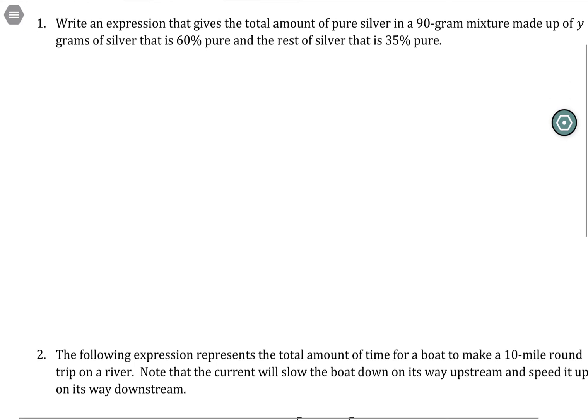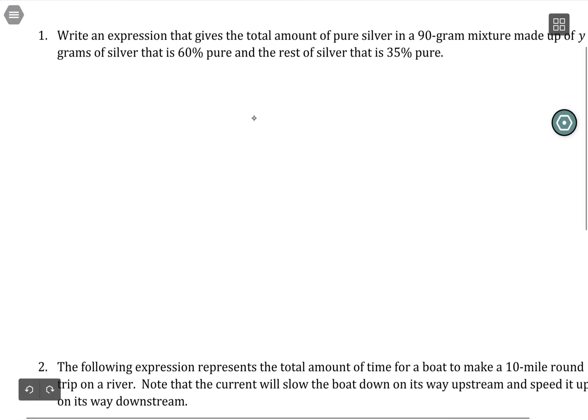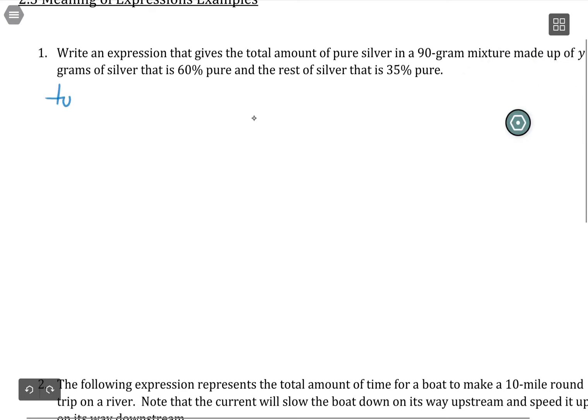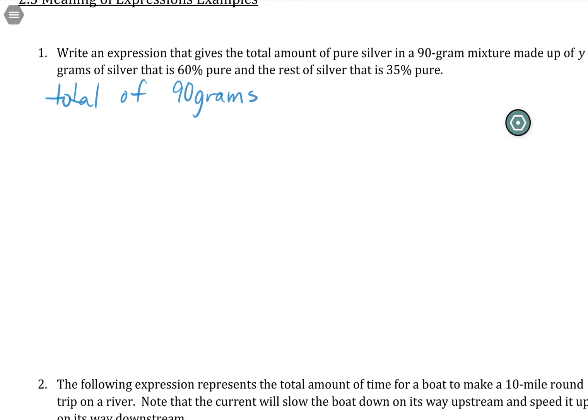Okay, so we know we have a total of 90 grams in the mixture. So that's not 90 grams of pure silver, that's 90 grams of our partially pure silver when we're all done.